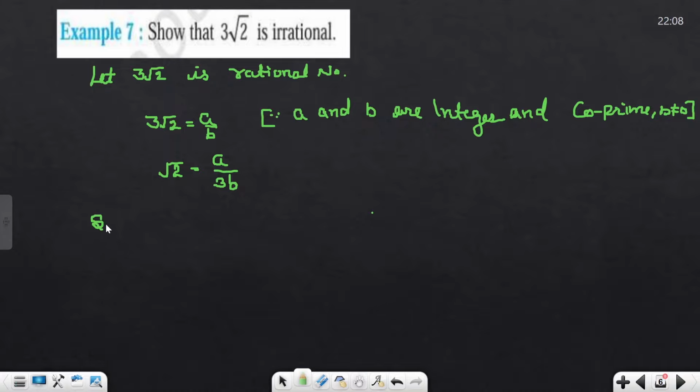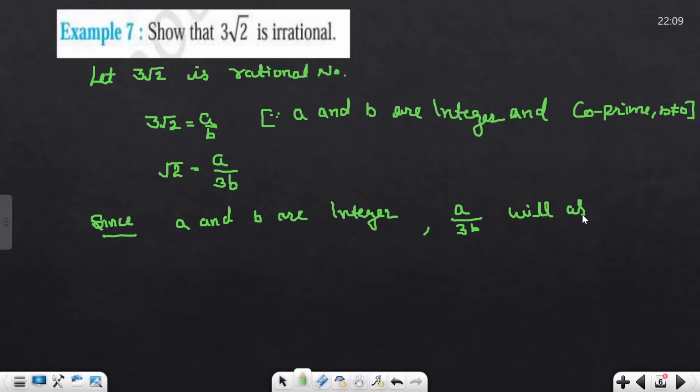Write here, since a and b are integers, a by 3b will also be rational, if the upper value and denominator value are all integers.